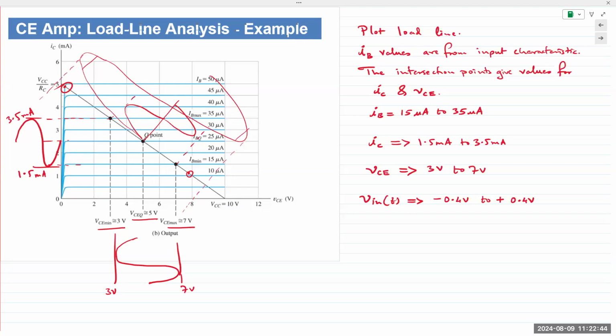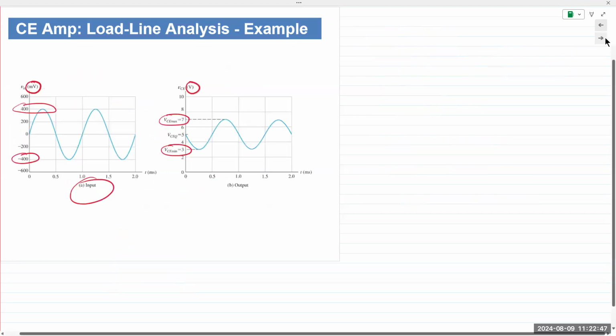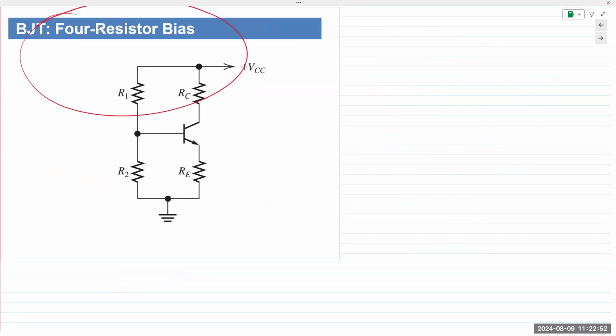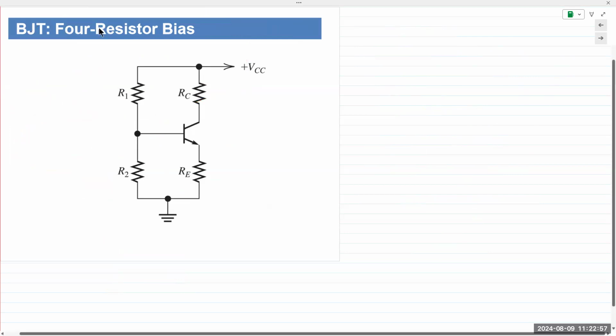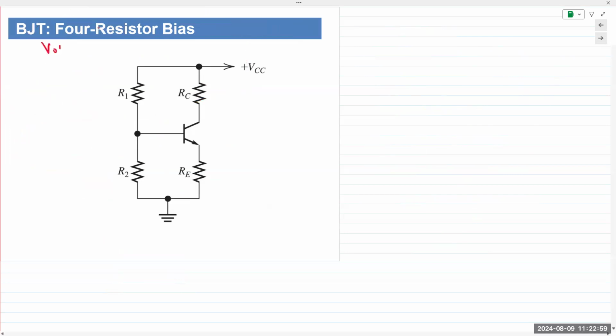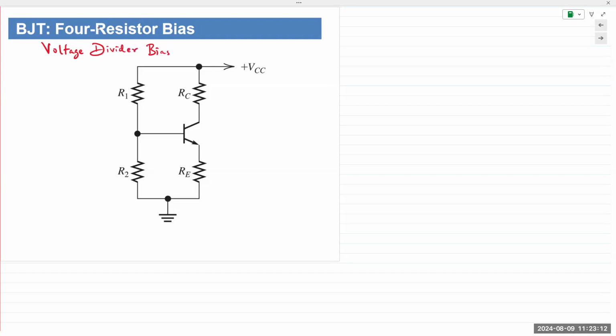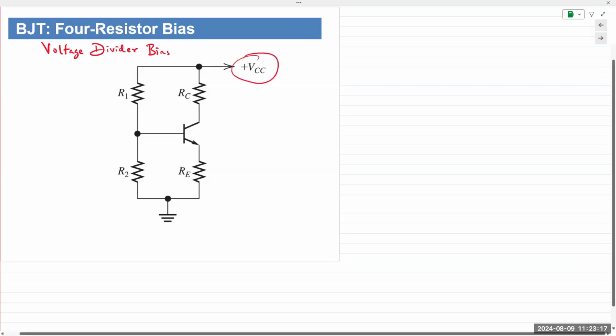And so from there, the solution was to obtain a different biasing circuit known as a 4-resistor bias. And this is more commonly also known as voltage divider bias. You apply one voltage, that voltage suffices for all.